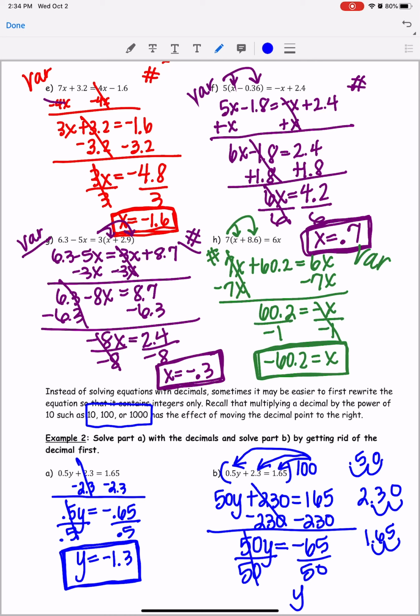And it's a miracle, I still get a negative 1.3. Okay, so if you like this part B method better, I'm sorry, I'm only showing you one example of it. Again, I think this is unnecessary. Where that is an option to multiply everything by one of these powers of 10 to get rid of all of your decimals, and then you're good to go.